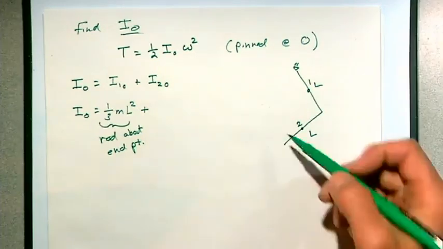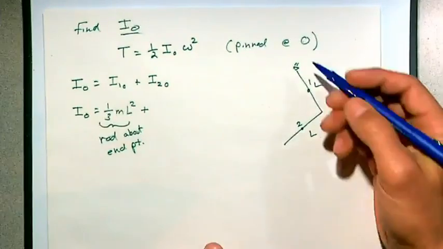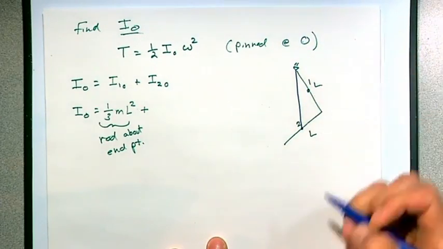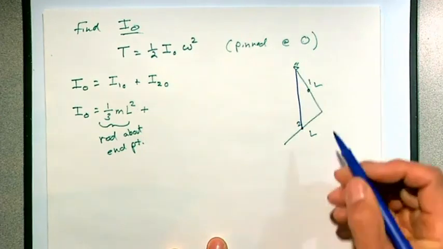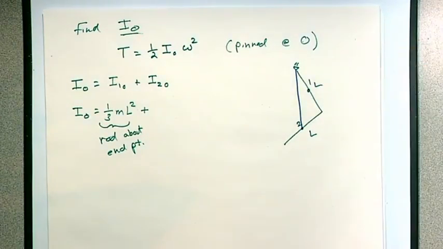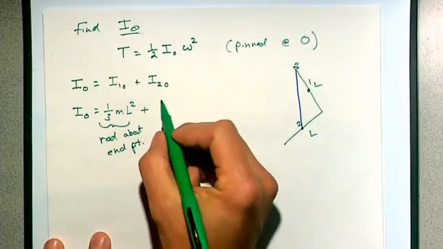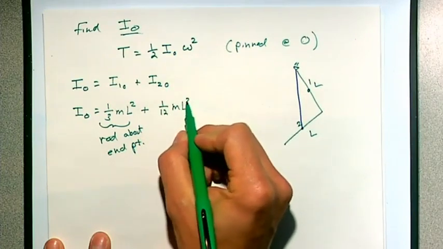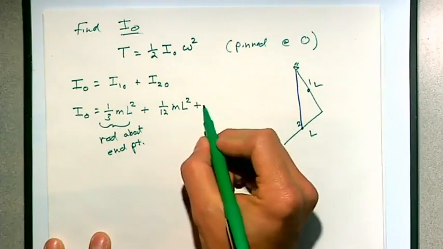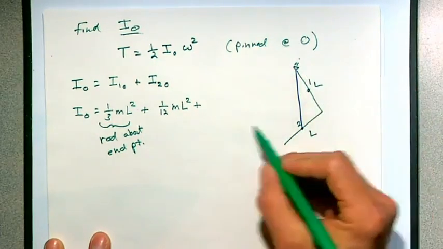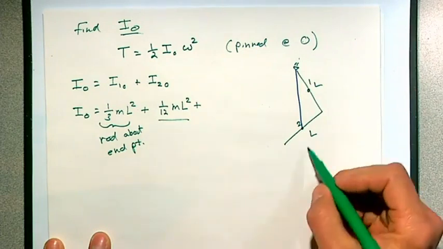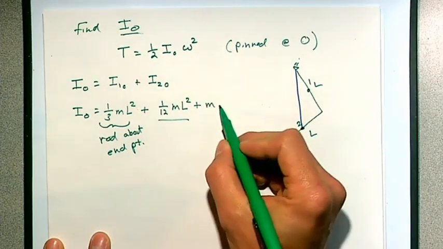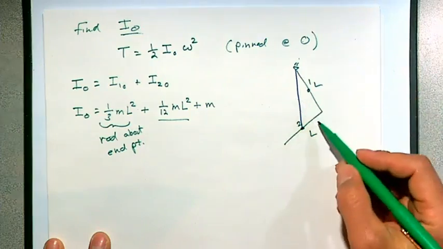But bar 2, I've got to move that one a ways. So how far do I have to move it? I've got to move it all the way back home to O. So for this one, 1/12 ml squared plus the parallel axis shift. So this is about its CG, and its parallel axis shift is mass times distance squared.